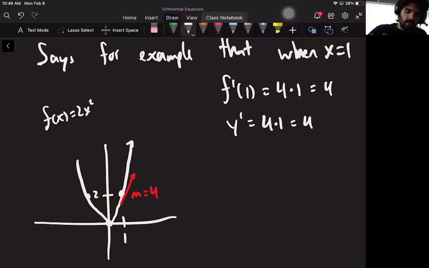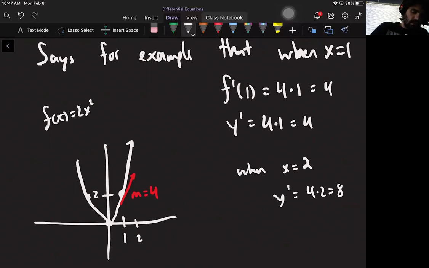But then if I plug in x equals 2, then the derivative is 4 times 2, which is 8. So if I go out to 2 comma 8, then the rate of change is even faster.